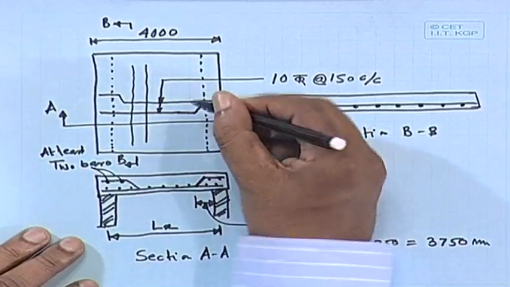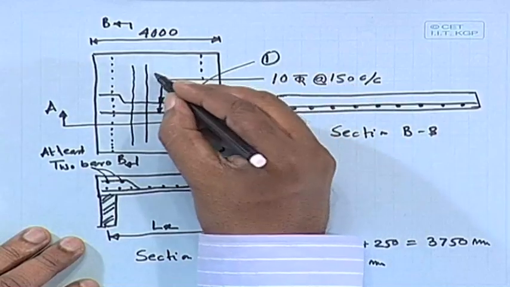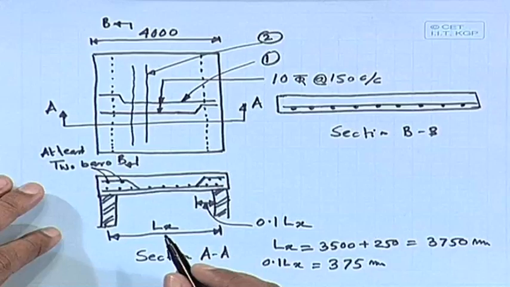If I say this is bar type 1 and this is bar type 2, the distribution steel.